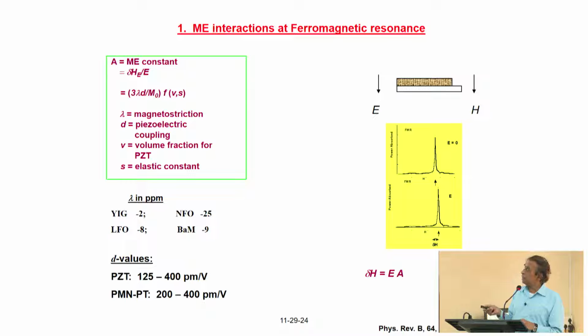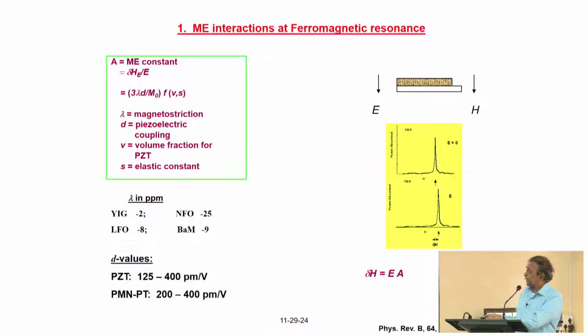Right, you are familiar with this picture where we show a bilayer of a ferrite or a ferromagnet on the ferroelectric, and then you excite ferromagnetic resonance in the ferrite, then you apply an electric field, and there is a shift in the resonance field. So, you estimate the shift in the resonance field as a function of the electric field.